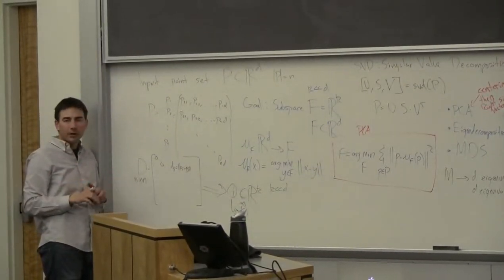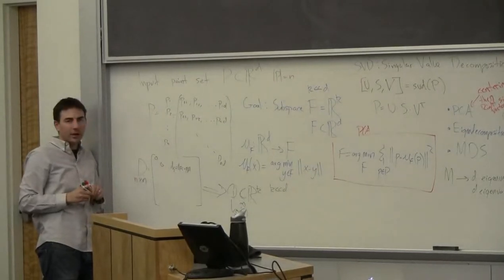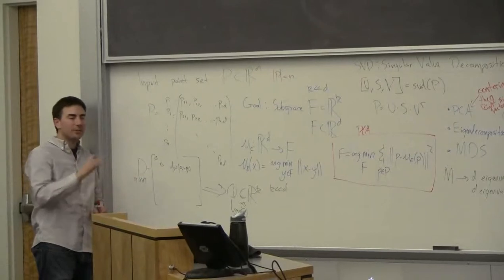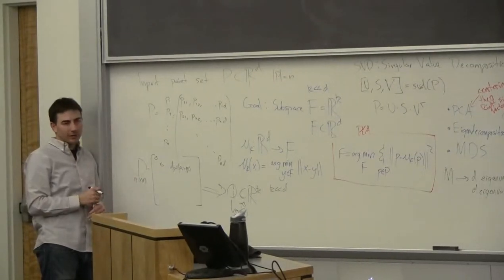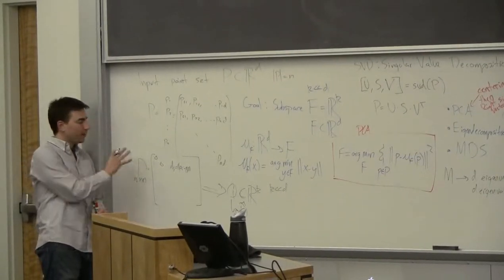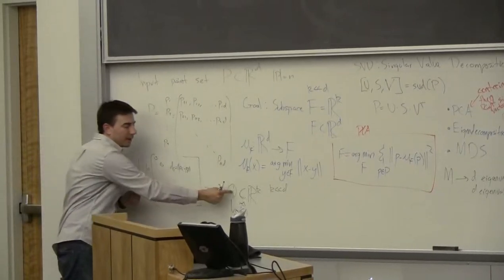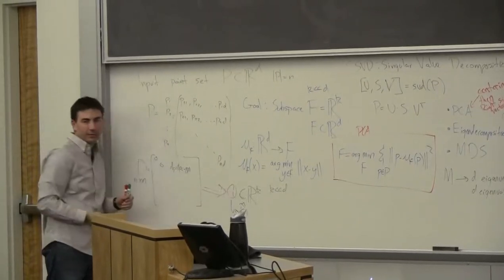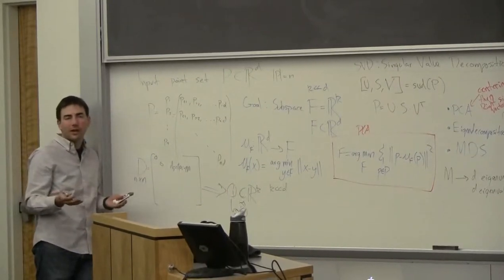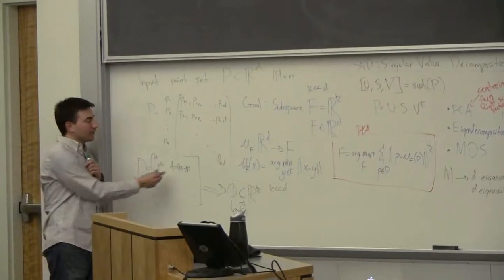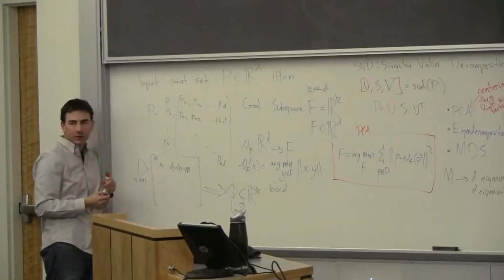There are various ways of defining it. This is typically how MDS is defined, but it's not typically how people solve it. So when people say they're embedding a point set in a small dimensional space, often a 2-dimensional space so you can visualize it, they want these distances to be close.